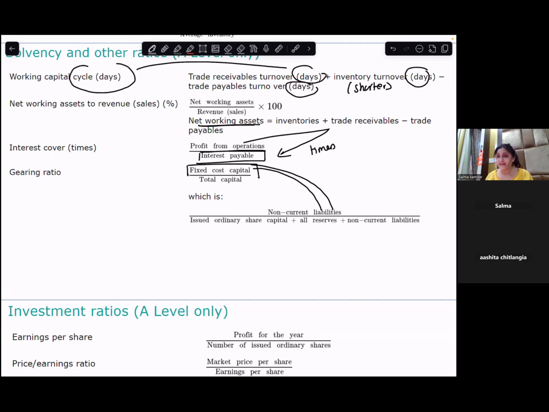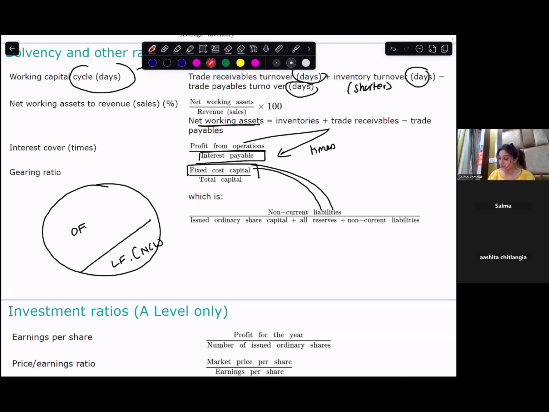Now understand the meaning of gearing. This is your total capital. Total capital means your own funds and your loan funds. Loan funds is called non-current liability. Loan funds is also called the fixed cost capital.